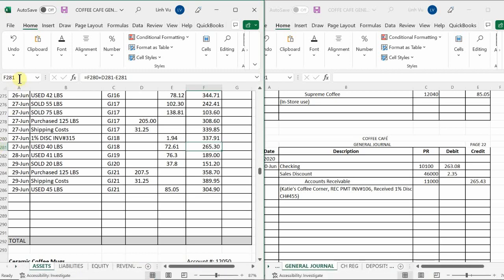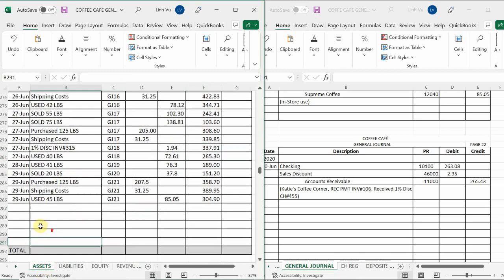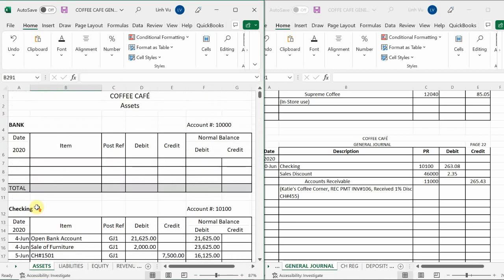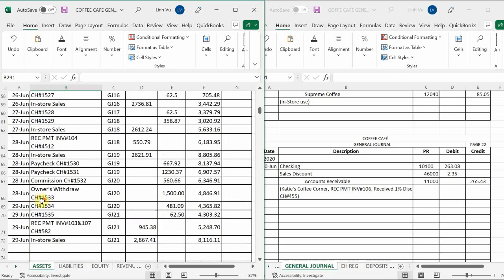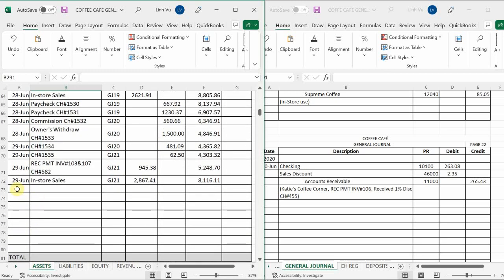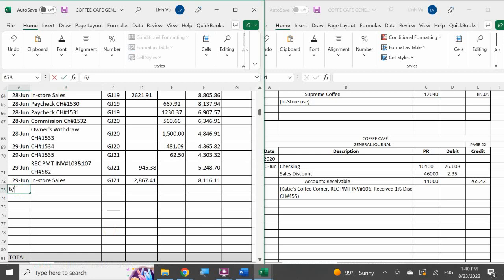So, starting with your checking account. Received payment.